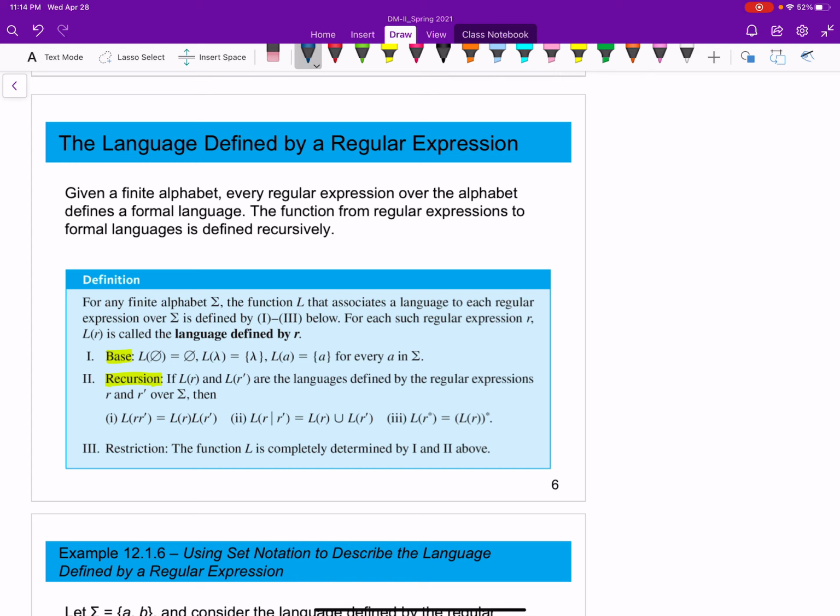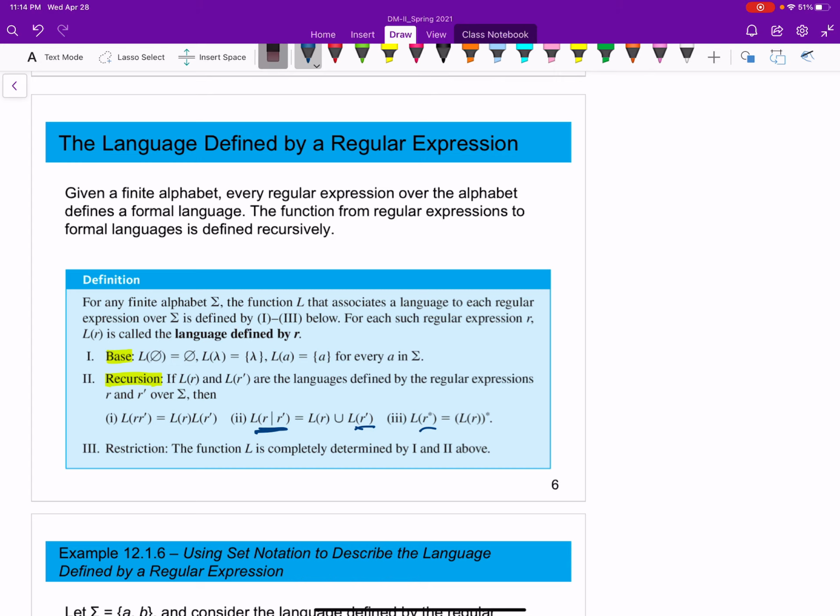If L(R) and L(R') are languages defined by the regular expressions R and R' over sigma, then the first part: L(R R') equals L(R) times L(R'), and then L(R / R') equals L(R) union L(R'). Third, L(R*) equals L(R), then everything to the asterisk.